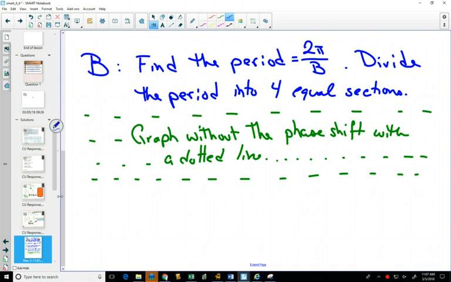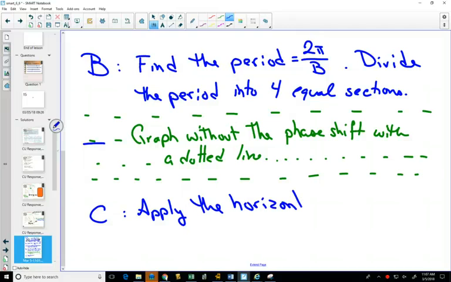So in the DAB-C, the dash that's in the DAB-C is telling you this step in green. And then finally with DAB-C, we can apply the horizontal translation. Whew.